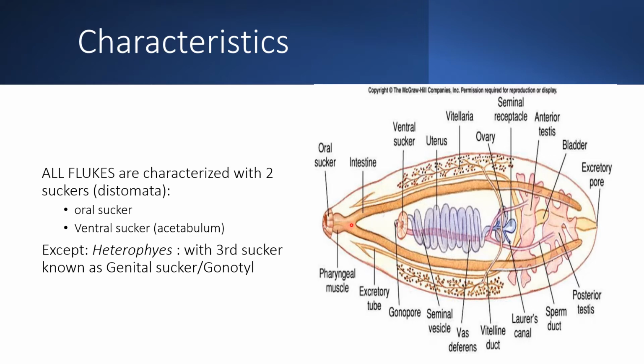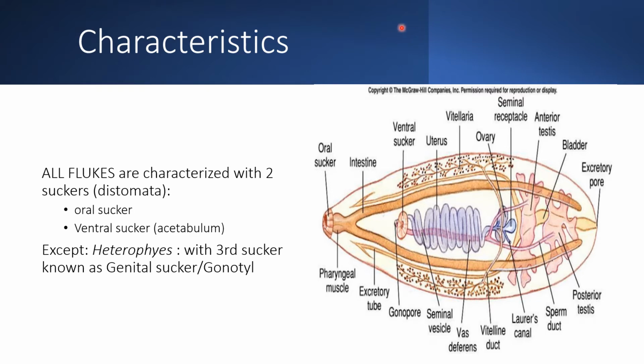The esophagus will bifurcate in front of the ventral sucker, which splits into a pair of blind intestinal pouches called ceca. So here and another one here. Its intestine is blind, since the anus is absent.